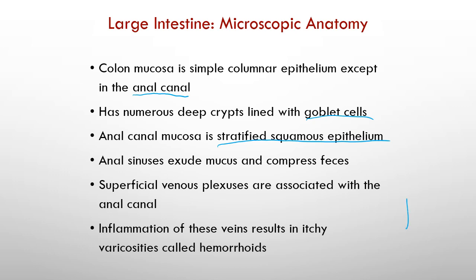So again, think about we have a tube, and then running just deep to that tube, we have some blood vessels, and there's nothing pushing against them. So there's no protection in a sense for those vessels themselves. And so they can potentially develop into what we commonly call hemorrhoids.